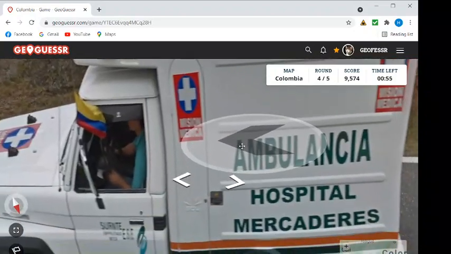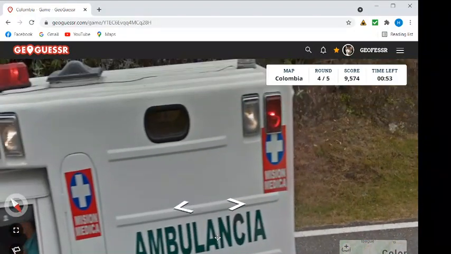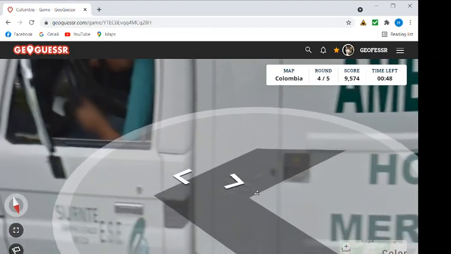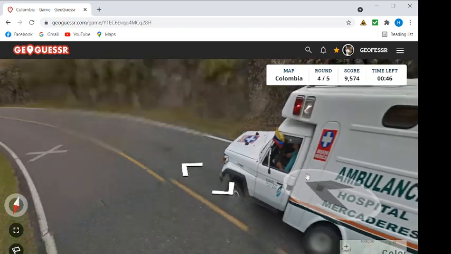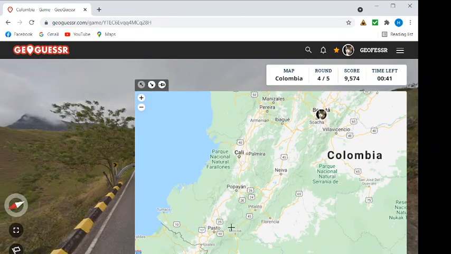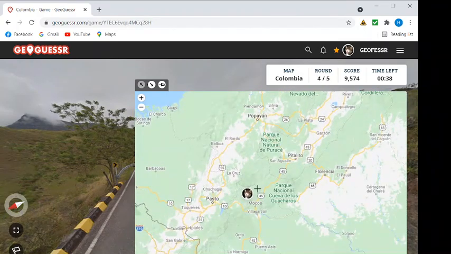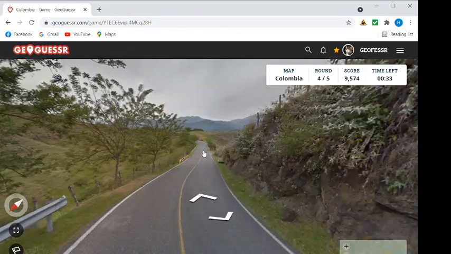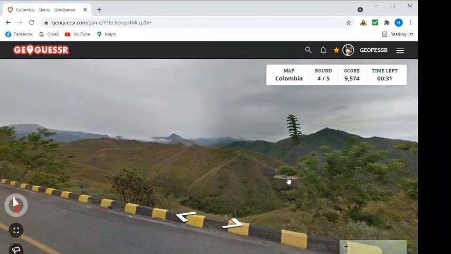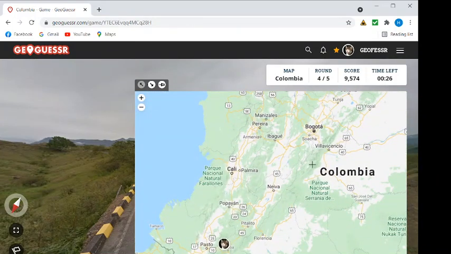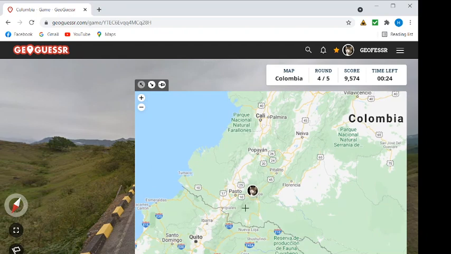Okay, we have Misión Medica. Doesn't seem to have a place on it. Yeah, I don't see anything there. So I think I'm gonna put it down here actually near Pasto, like that. I think this is closer to Ecuador. Just from the middle part up here, you have more of these broad valleys and things. I think this is more of a mass of mountains.